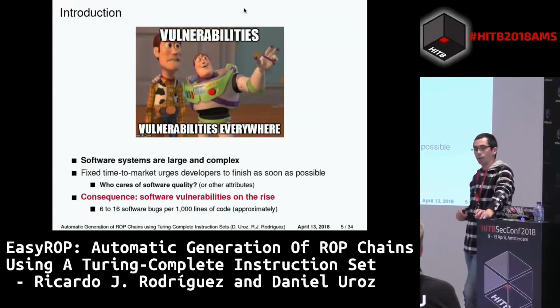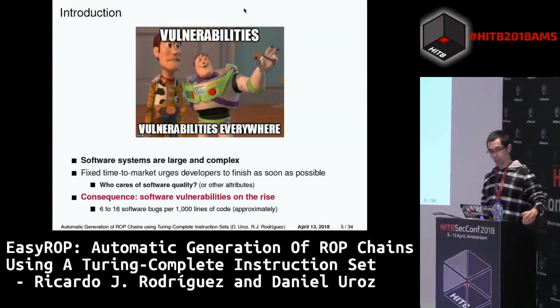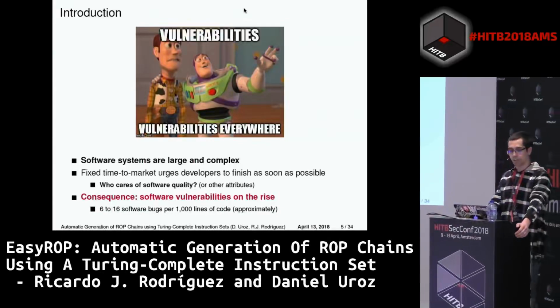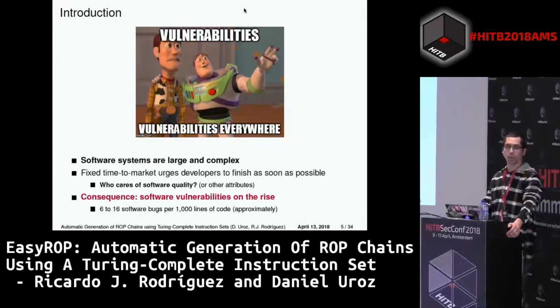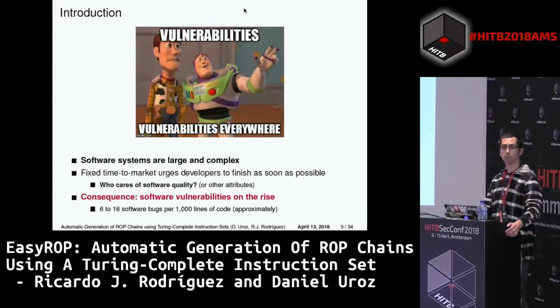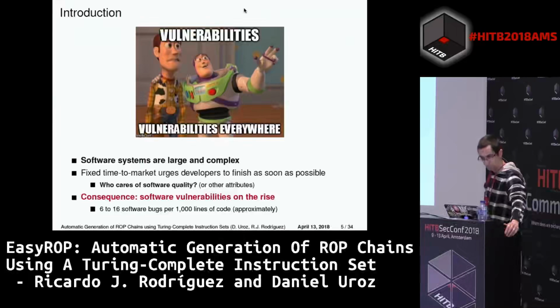So this means that we have a lot of vulnerabilities, okay? Because you know that when people are developing new software, they are more worried about the time to market. I mean, they want to complete the product as soon as possible in order to get more customers or get more revenue whatsoever, okay? Instead of focusing on the security of the product or other kind of stuff.